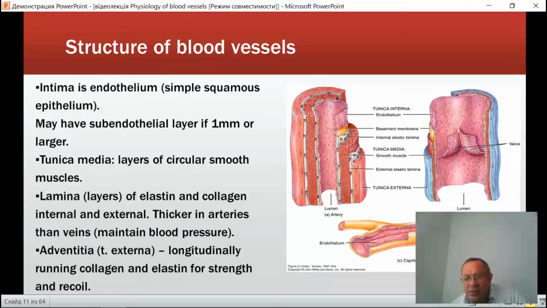On the picture you can see structure of the wall of arteries and veins. Different layers have different thickness in arteries and veins.